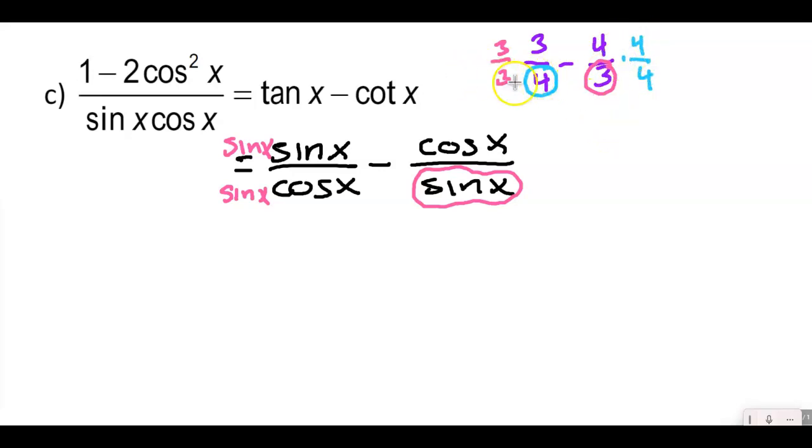And that would give me a common denominator of 12. So I'd have 9 on top minus 16 all over 12. So same thing here. So I'd multiply, since 4 in this case is what this is, so that means the second fraction I'm multiplying by cosine of x over cosine of x.